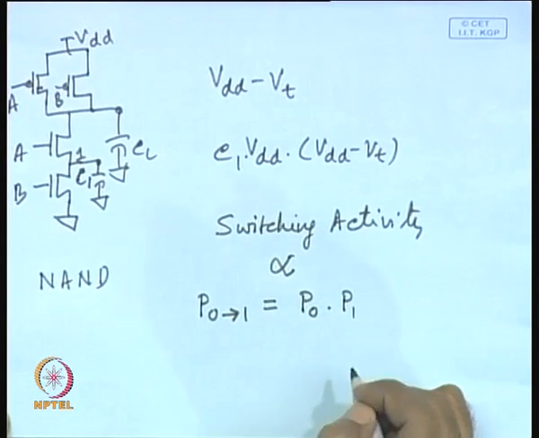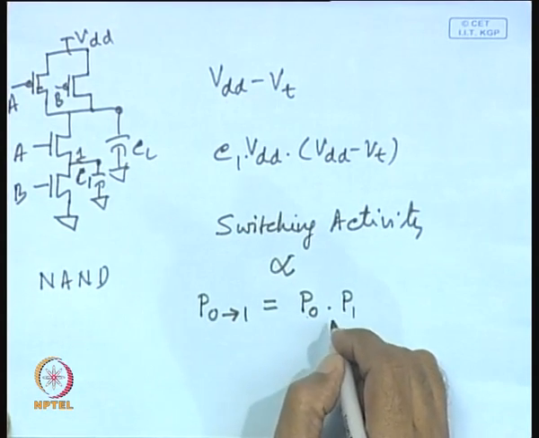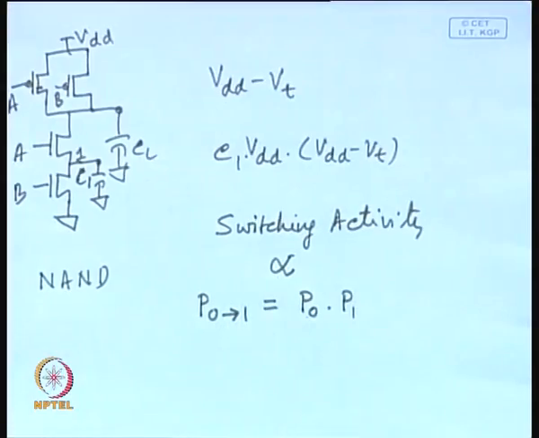What are P0 and P1? P0 is the probability that a circuit will attain a value 0, and P1 is the probability that a circuit will attain a value 1.